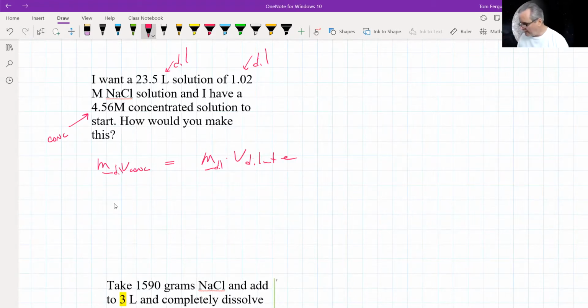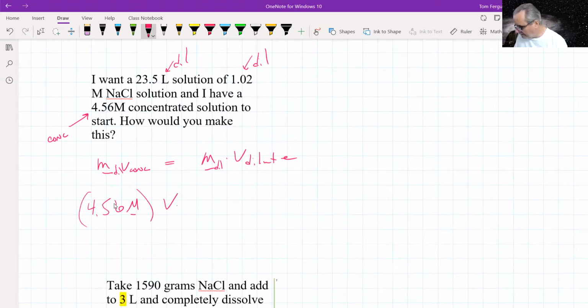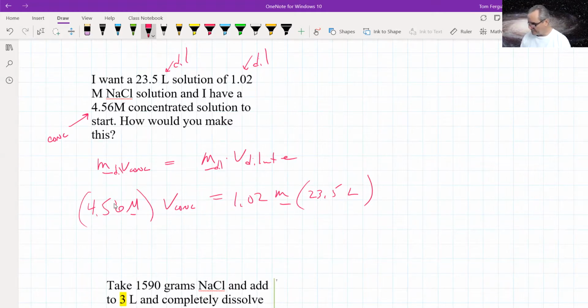Okay, so we know the concentrated is 4.56 molar. We don't know the volume of the concentrate yet. I'm going to calculate that. We know our final concentration is 1.02 molar, and our volume is 23.5 liters. So we're going to solve for the volume of the concentrate.